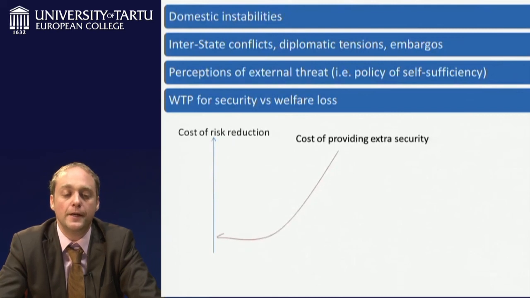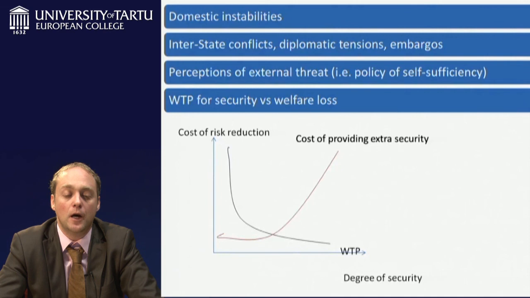So you can see on this curve that cost of providing security can go up with cost of risk reduction. However, the willingness to pay is dependent on the degree of security. And you can see that the two curves are opposing each other.